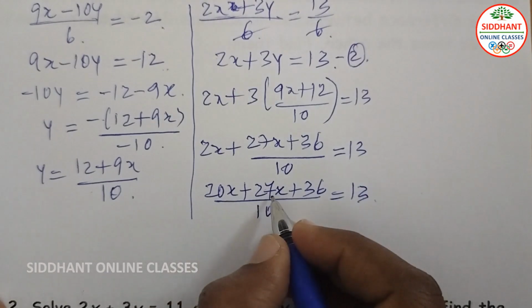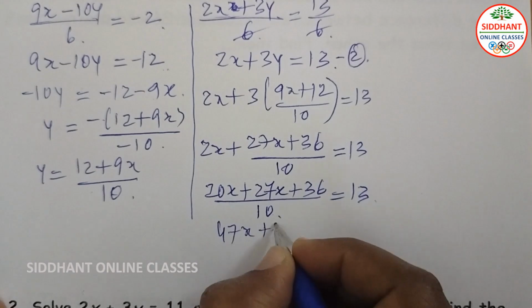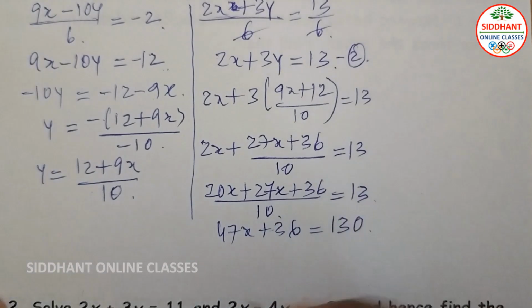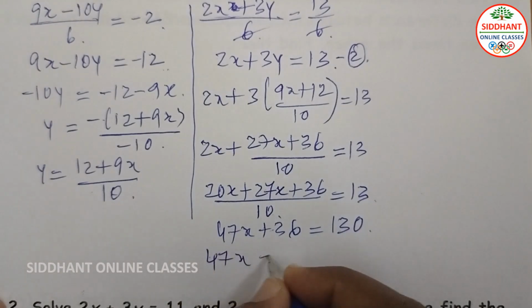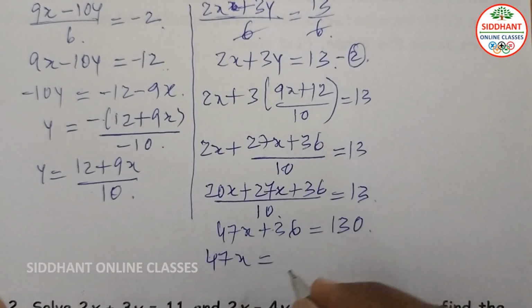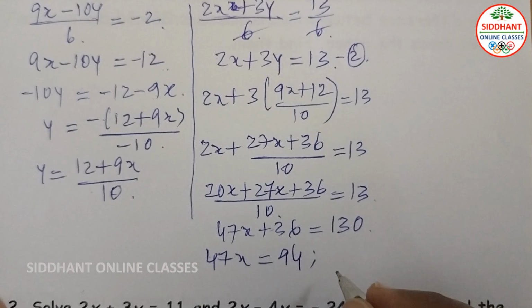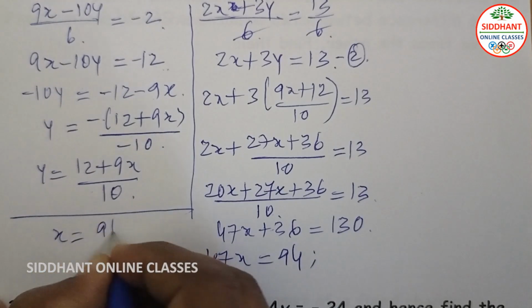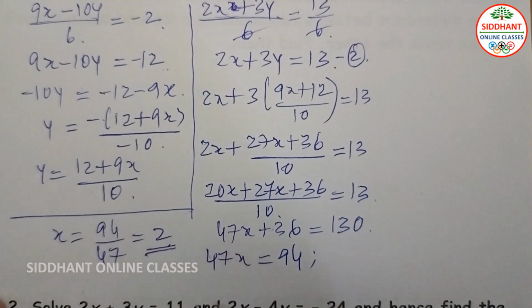So here 27 plus 20, which will be 47x plus 36 equal to 130. So now 47x equal to 130 minus 36, which will be 94, and x equal to 94 by 47, which will be equal to 2 here.